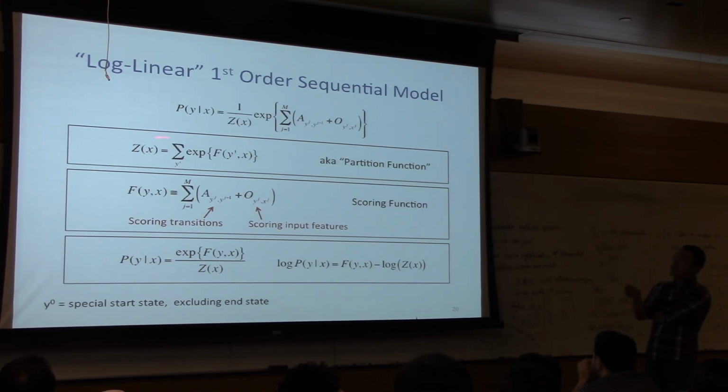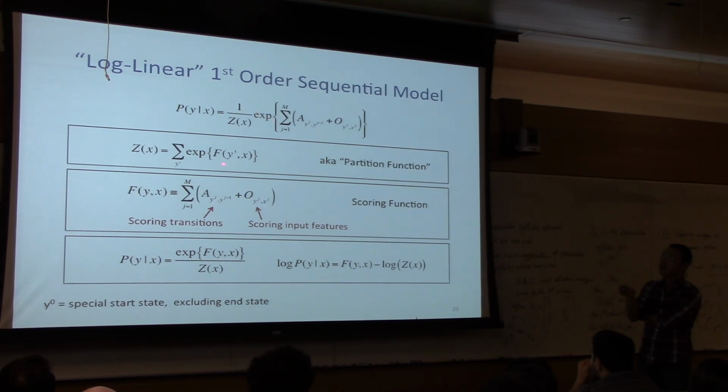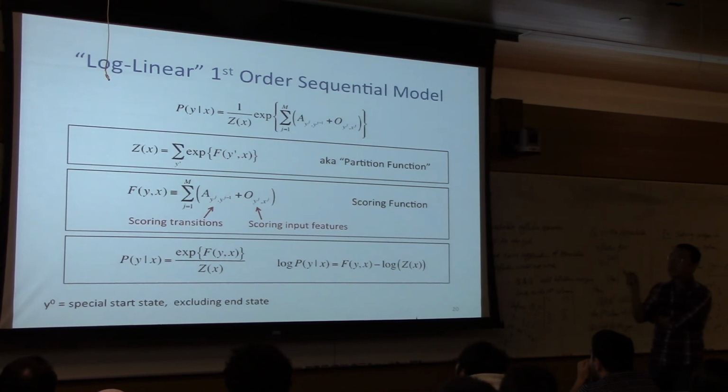And this term here is also known as the partition function, which is a term borrowed from statistical mechanics in physics. The basic idea is the same. We take a summation over a bunch of scores, add them up, exponentiate, and then divide by the same exponentiated score over all possible sequences.